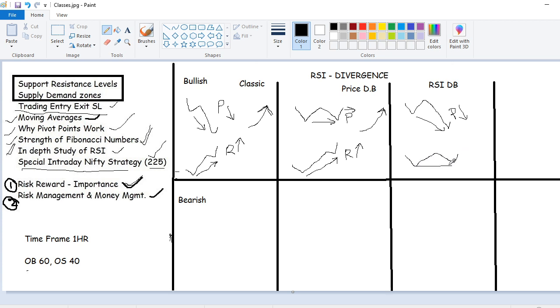RSI did not fall, it is flat. Try to understand the logic. See, of course the price is falling, but the buying did not come down, buying is at the same level. What does that mean? Demand did not fall, demand is maintaining the same level. So once the stock picks up, it can blast. See, this is the indication.